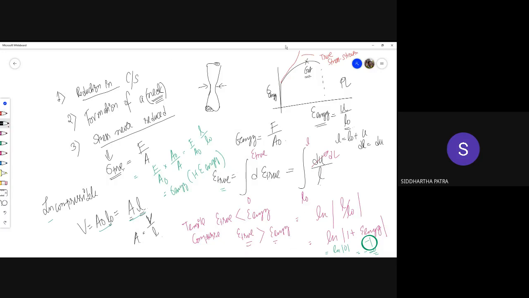So the sigma UT happens somewhere over here at a smaller true strain, and the fracture probably happens over here. Both are talking about the same situation, but in terms of true stress strain and engineering stress strain. The red one is the true stress strain, and the black one is the engineering stress strain. Since the true strain value is smaller than the engineering strain, it is shown a little ahead of the curve.